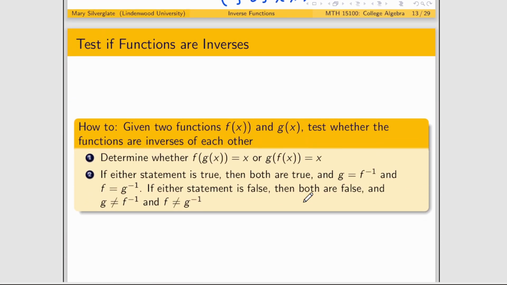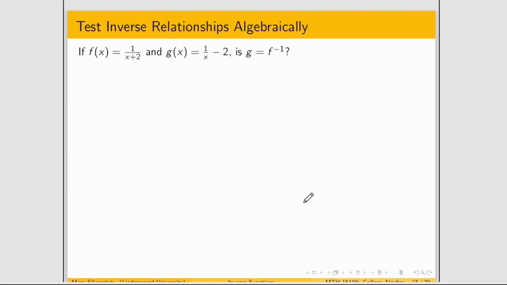So let's take a look at some examples that are more likely to closely resemble how you would see it on an exam or something.